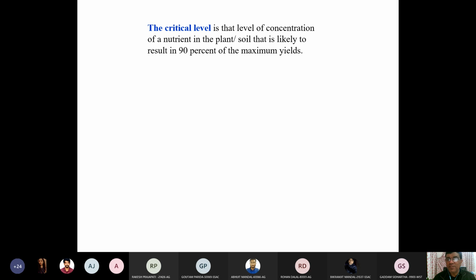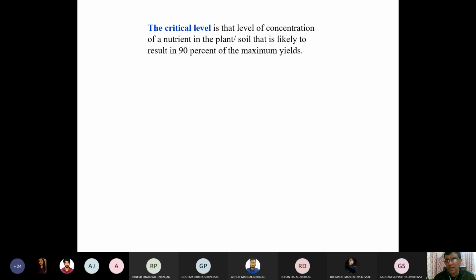The growth and yield are reduced, because that element is toxic to the plant. So critical level for toxicity is also available, in soil as well as in plant.